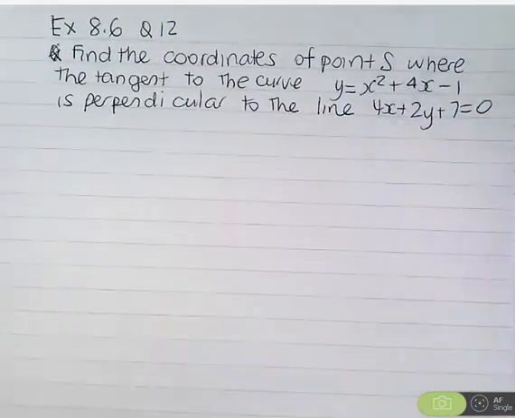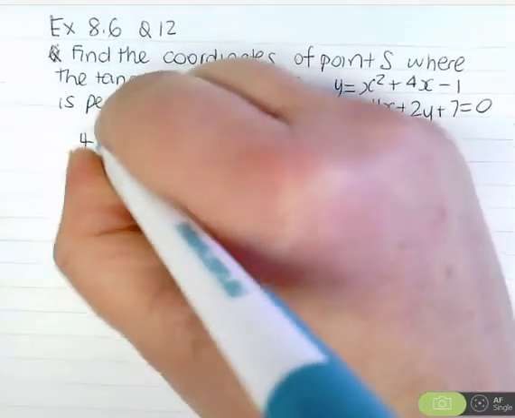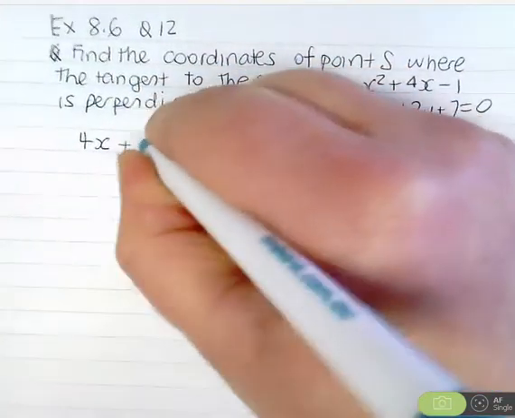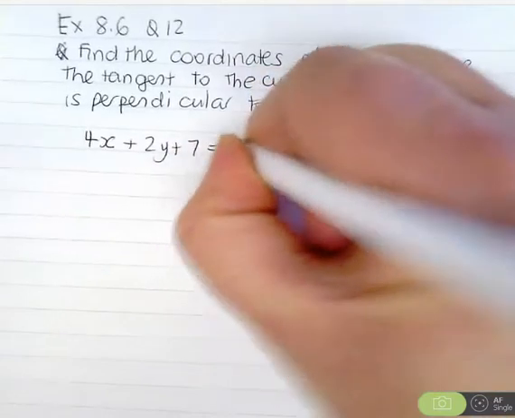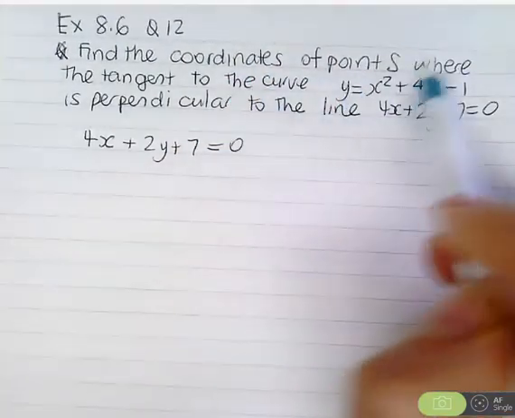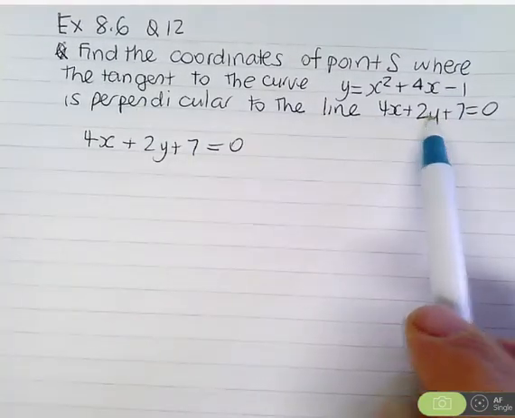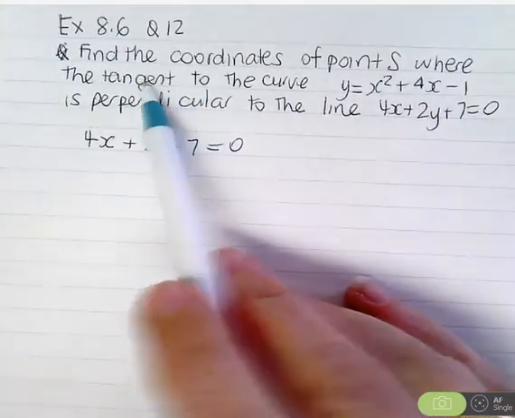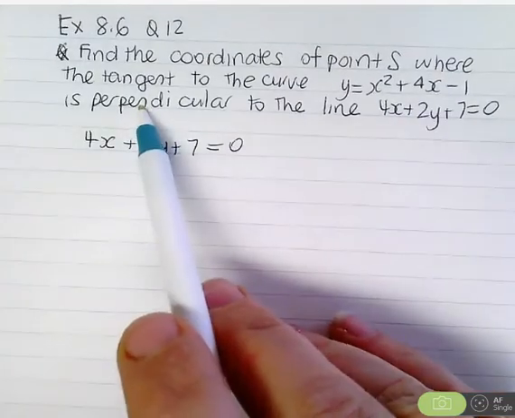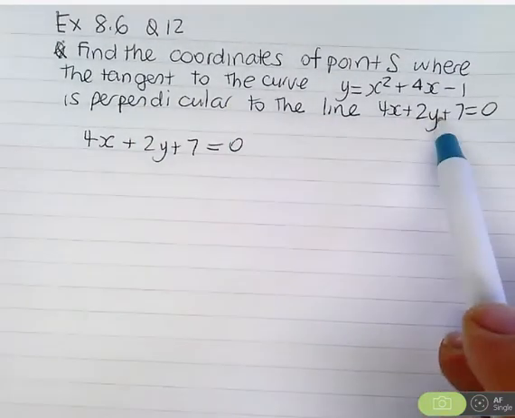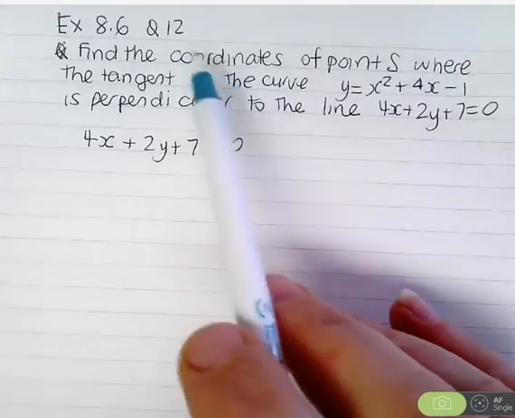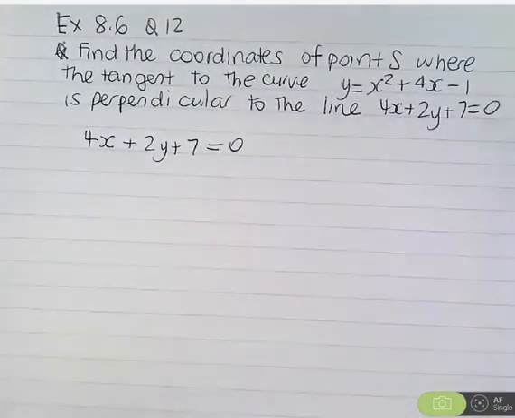I think I'll start with the line, okay? So we've got this line 4x plus 2y plus 7 equals 0. Now you want the coordinates of point S where the tangent to your curve is perpendicular to this line. So in other words, if you work out the gradient of the line perpendicular to this line, you'll know what the gradient of the tangent to your curve is supposed to be.